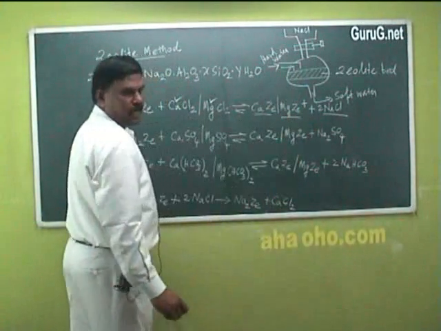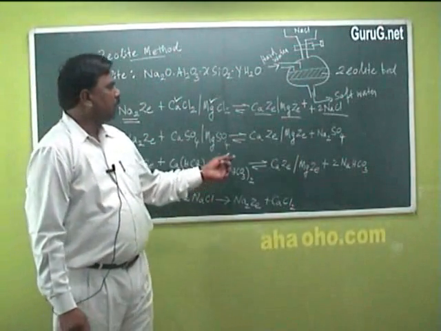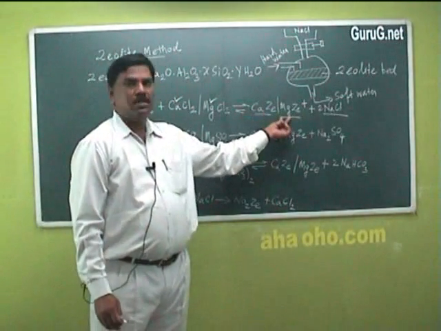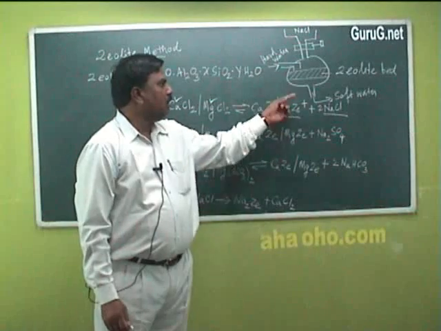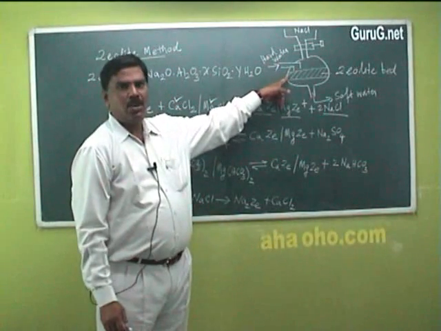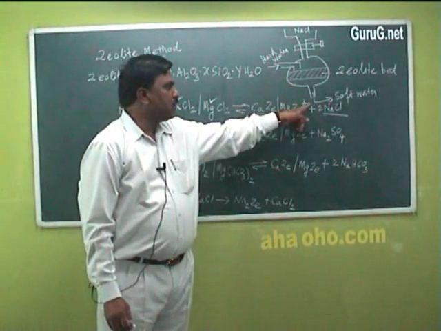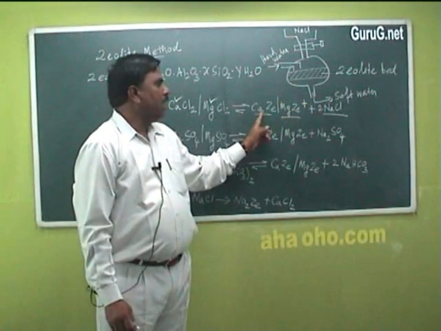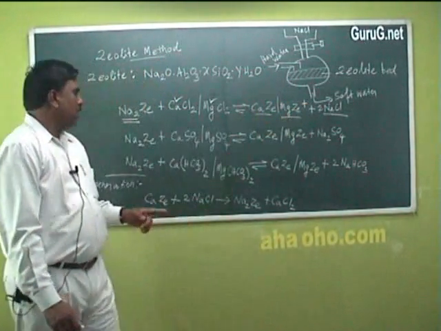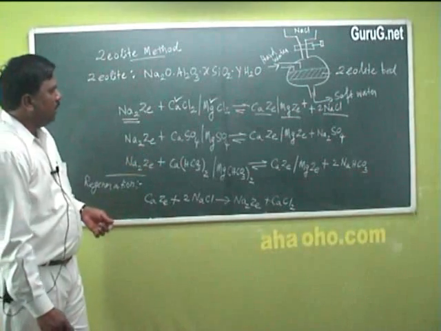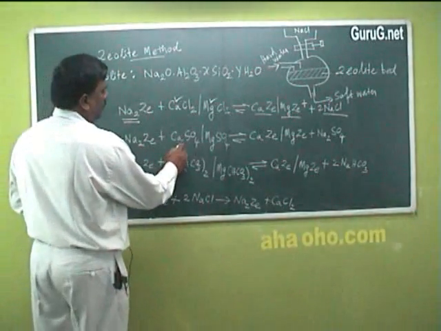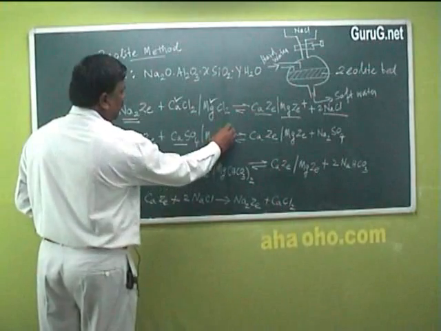So the calcium and magnesium ions in the water are removed by adsorption on the zeolite bed, and the water coming out is soft water without any calcium and magnesium ions. The same reaction occurs for calcium and magnesium present in the form of sulfates.